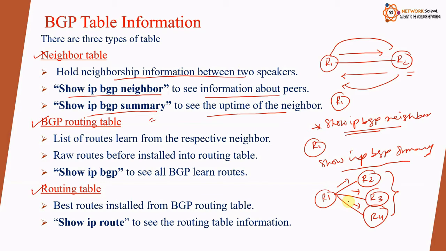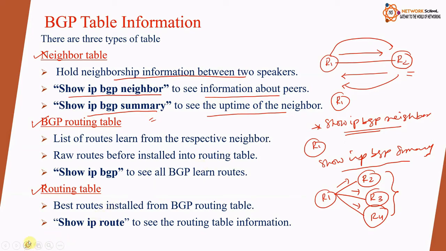It gives us the neighbor information along with the time the neighbor has been established. If you use the command show IP BGP neighbor, it will give you only the neighbor information, whether it is internal or external. So this is the information about the neighbor table.